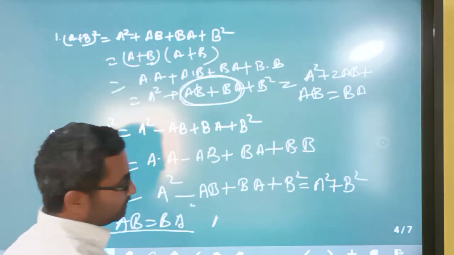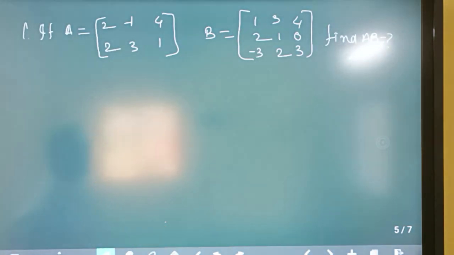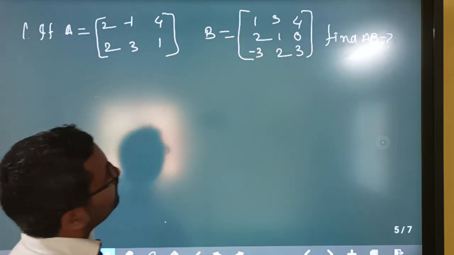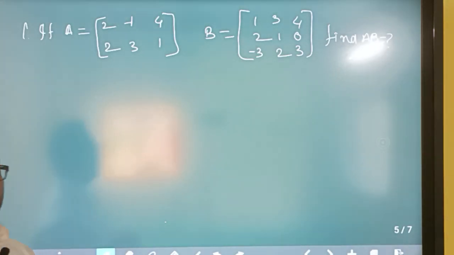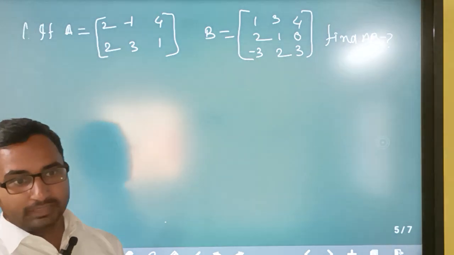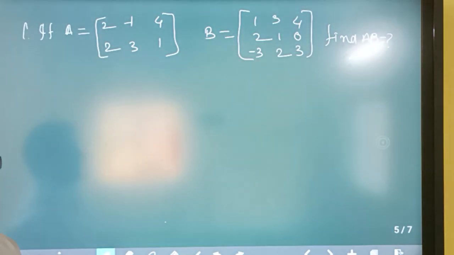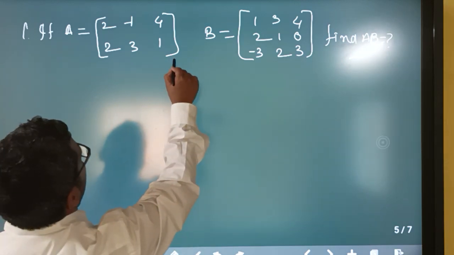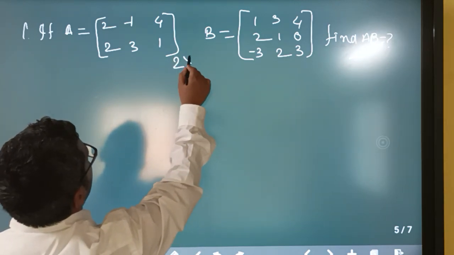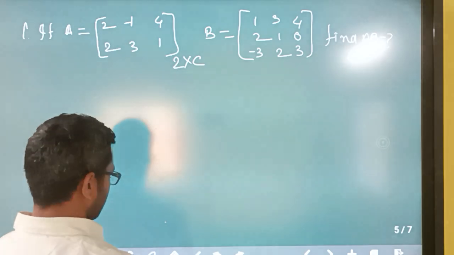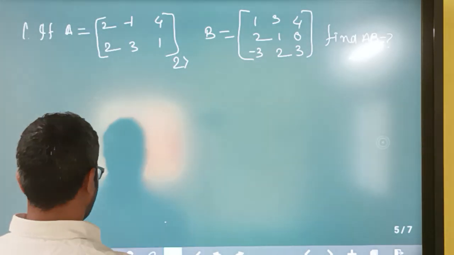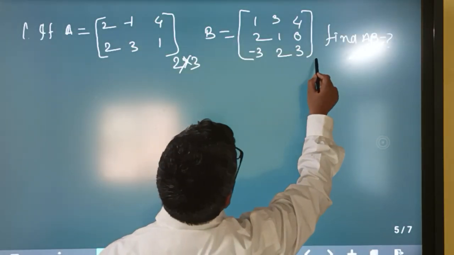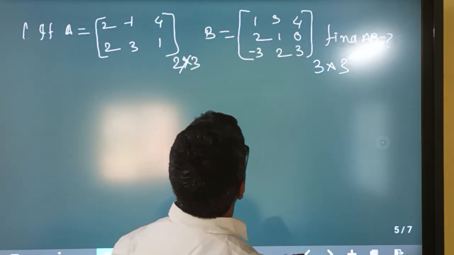So we have the next topic. Question: if A is given and B is given, find the value of AB. There are two different matrices A and B, and their orders are also different: 2 cross 3 and 3 cross 3.